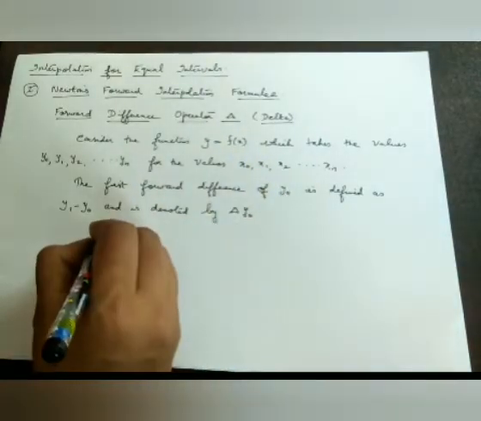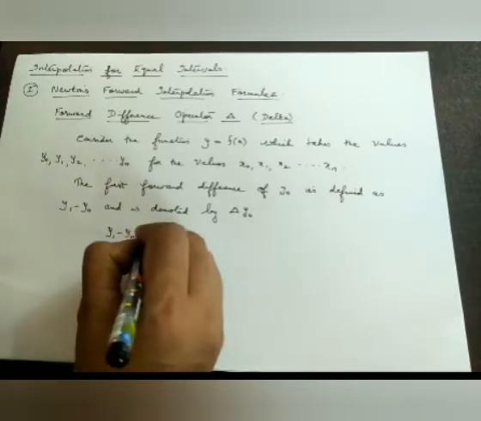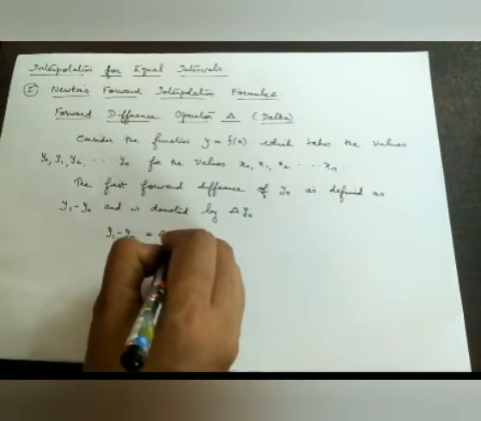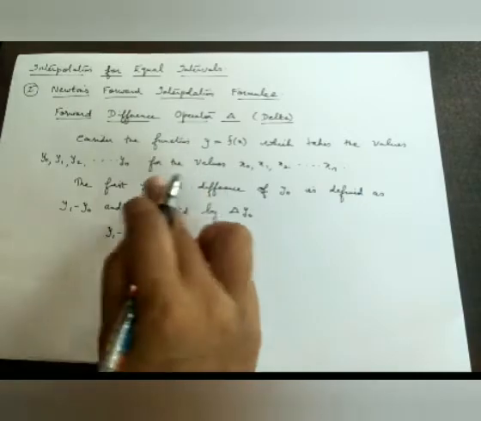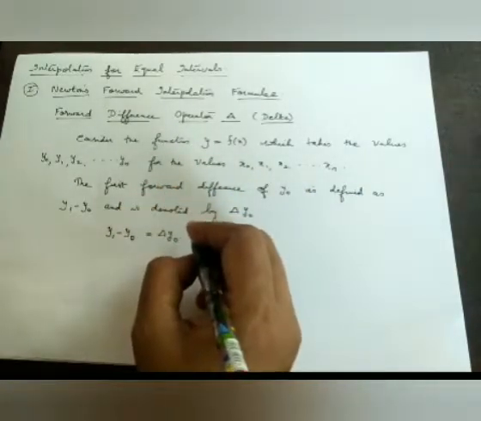Therefore, we can write y1 minus y0 is equal to delta y0 and is called the first forward difference of y0.